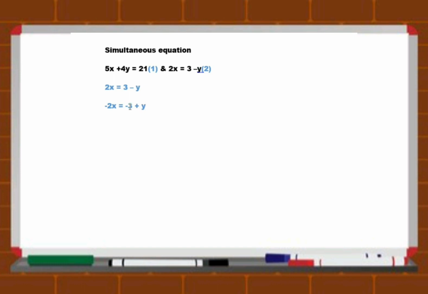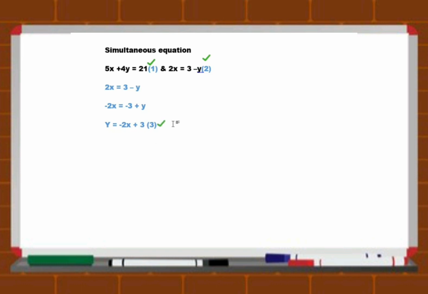So you're going to take this -3 and move it to the other side. It's going to leave you with y is equals to minus 2x plus 3. Are we good? And then you're going to take this new equation and label it 3. Step 1 done. Step 2 done.